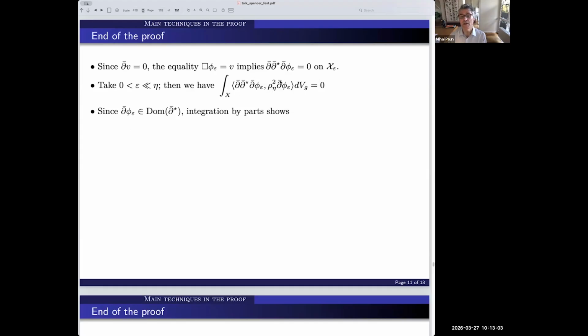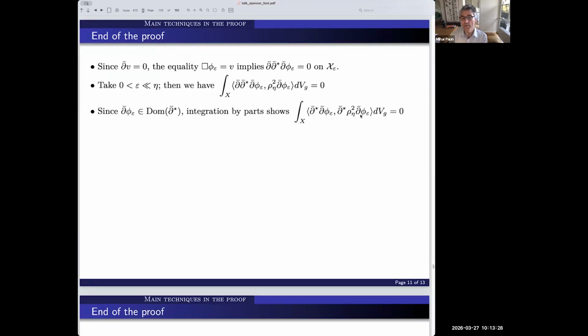This means that the normal derivative of this form also vanishes at each boundary point. So this is why we can integrate by parts and move this one here. Again, there's no boundary term because of this and because of the choice of eta.